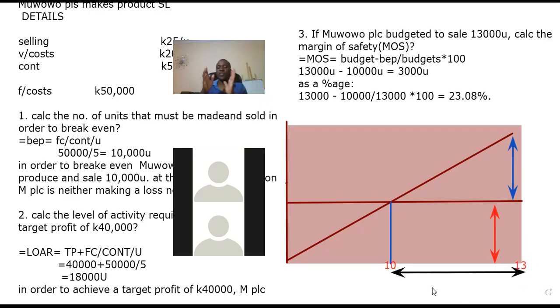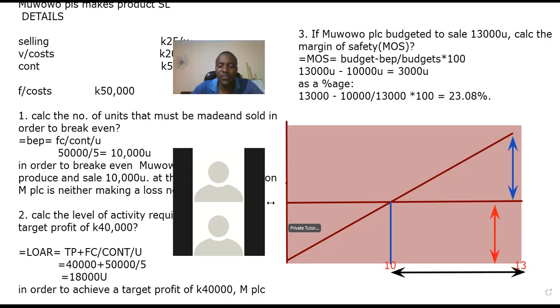You see, between 13,000 and 10,000, that is our MOS. Now, why is the MOS important? The MOS is important because it helps you understand the risk involved at every level of production. So this line here, the middle line, represents the fixed costs.